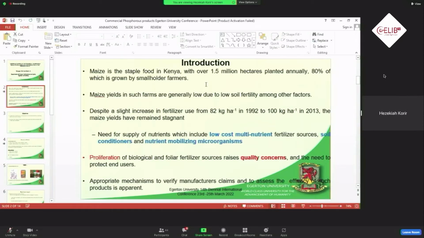know that maize is a staple food crop in Kenya. And we see that about 1.5 million hectares are planted annually with this crop. And the majority of these, 80% of them, are smallholder farmers. But we have seen that over the years, the yields have been going down.